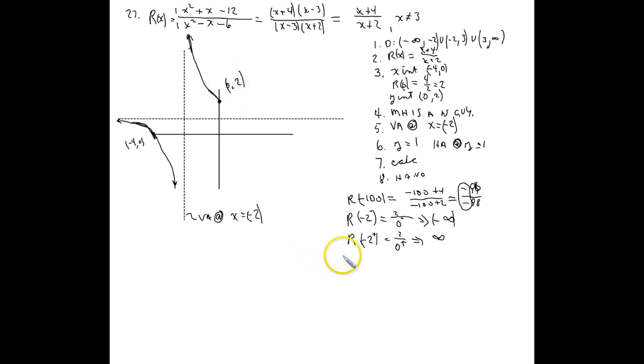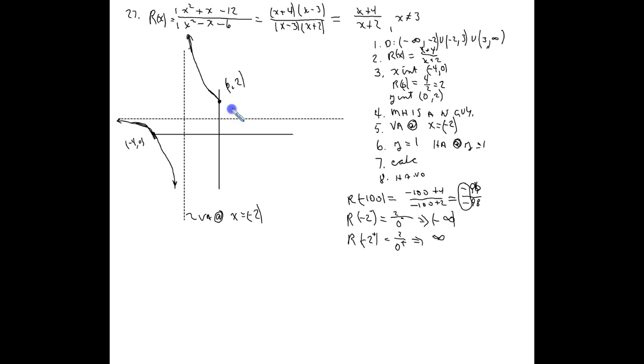Next thing I'm going to do is look at the fact that at 3 I have a hole. So I'm going to plug 3 into this reduced form, and I notice it's 3 plus 4 is 7 over 5. 7 over 5 is a number bigger than 1.